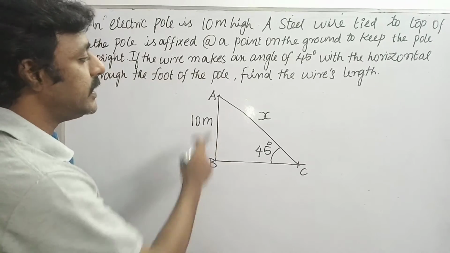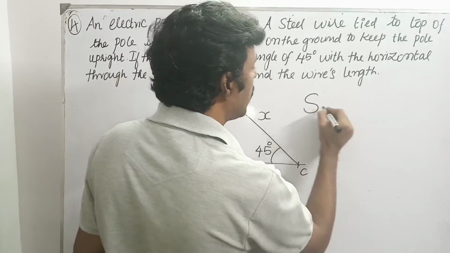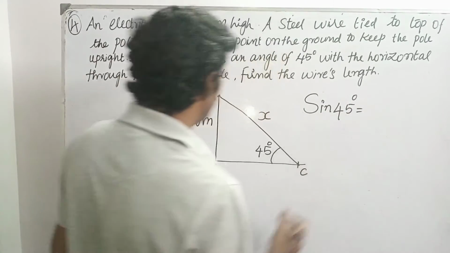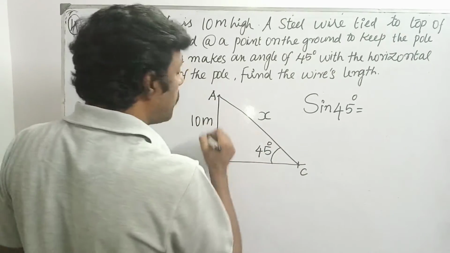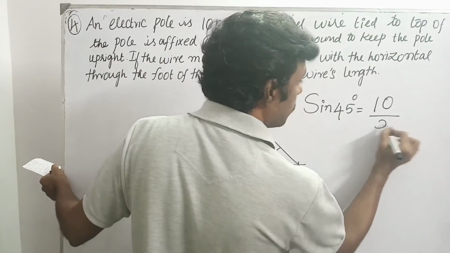So we know that in this right angle triangle, sine of 45 degrees is the opposite side divided by the hypotenuse. So we get opposite as 10 and hypotenuse as x.